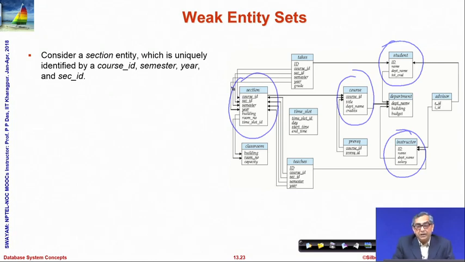If a course is large, then it needs to be taught in multiple sections. So, for the same course in the same semester in the same year, I may have different sections in which the students are divided, and naturally there could be multiple instructors each teaching one section of that course, and students will be distributed over the sections, not over the course.